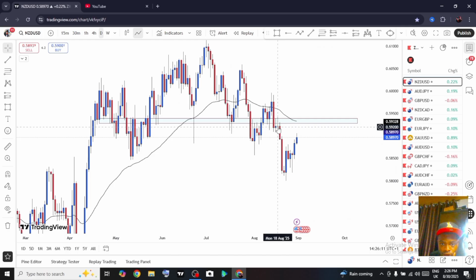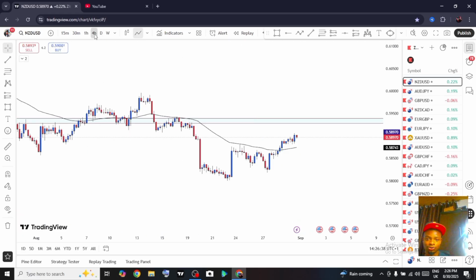I could have been drawing the area of interest from here to here, but there is not enough structure points for market to bounce off of, because the only area of interest that we had was the one of last week, and price basically just passed through that area of interest, so it's no longer valid. We are looking for an area of interest that is better, that is far from current market price, right? So I will make a decision on what to think about NZDUSD soon, right?